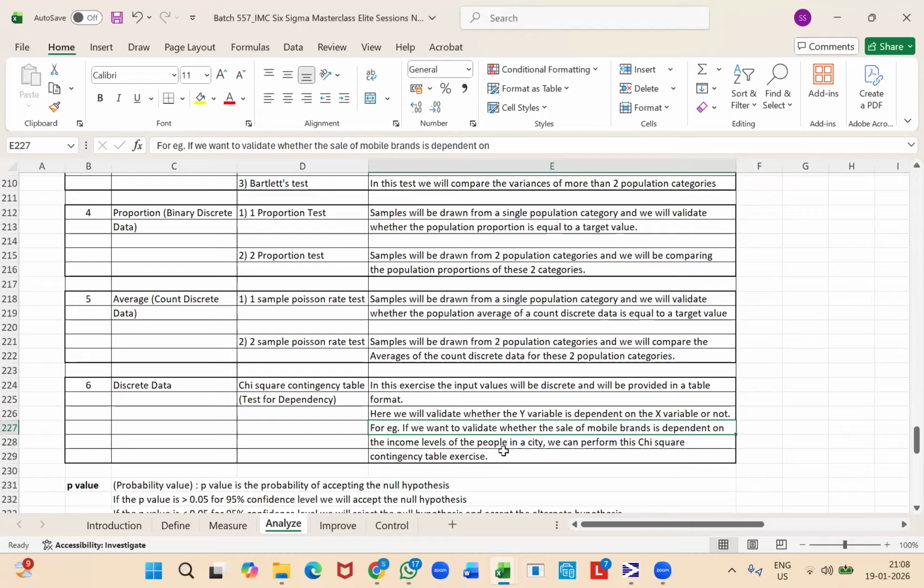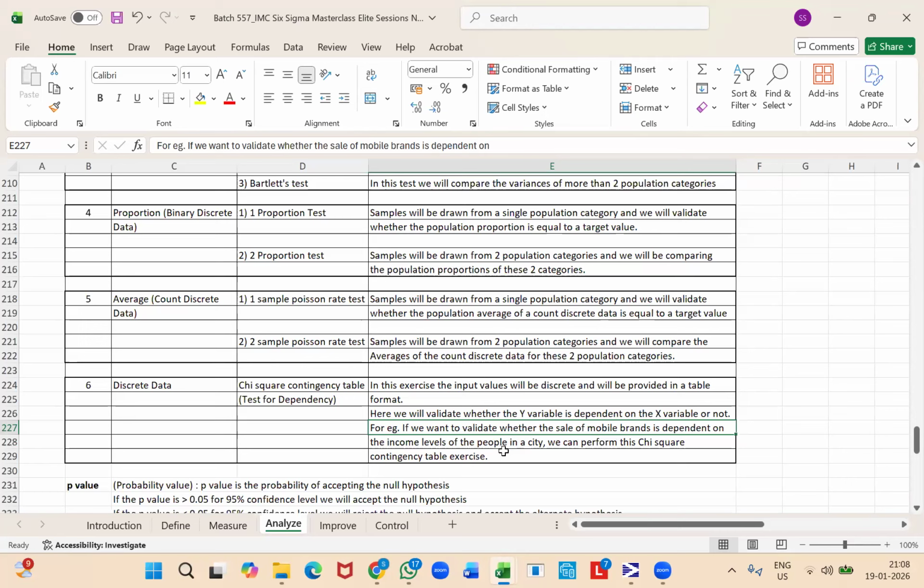If you find that a specific group of people belonging to an income level category prefer a particular brand of mobile phone much more than the other ones, then the mobile manufacturer has to ensure that he keeps enough stock of that mobile phone meant for people in that income level category, right?